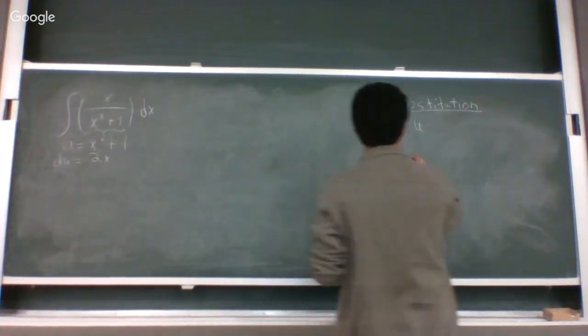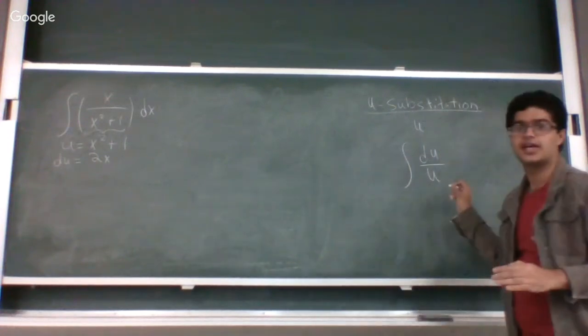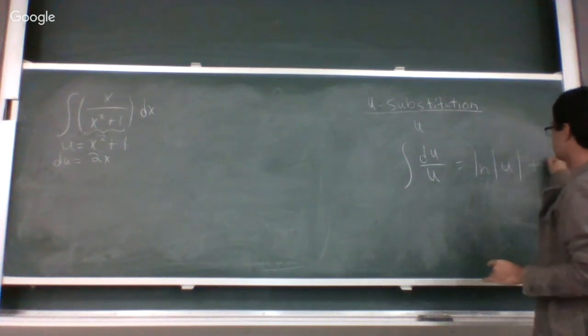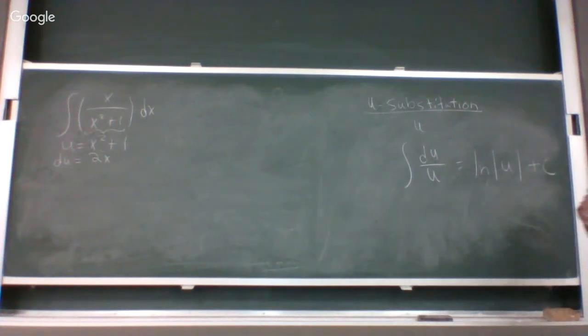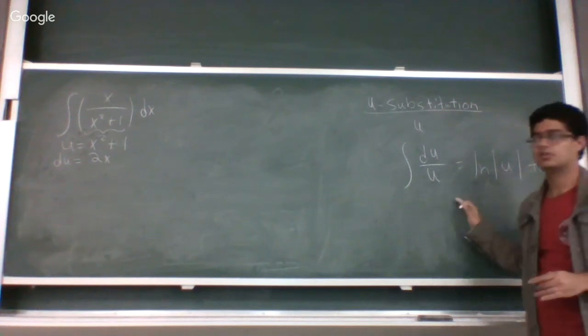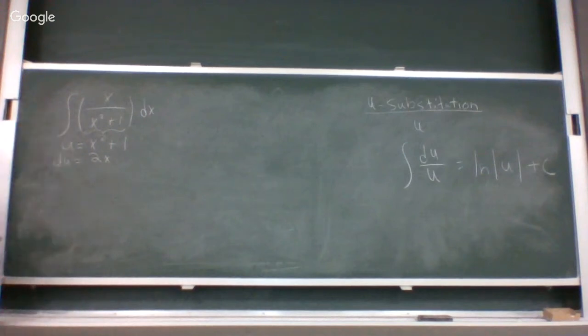What we learned before is that the integral of du over u, we did it with x, is equal to the natural log of u. This is what we learned when we had x to the negative 1.